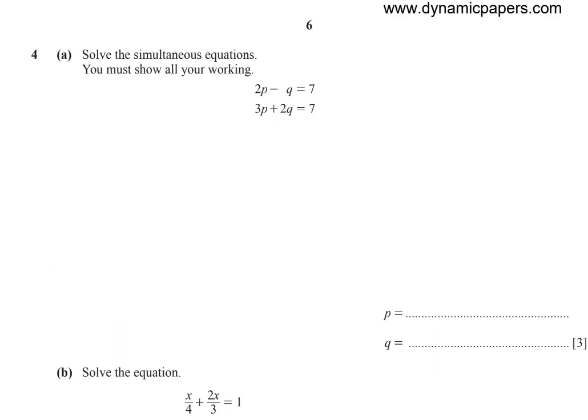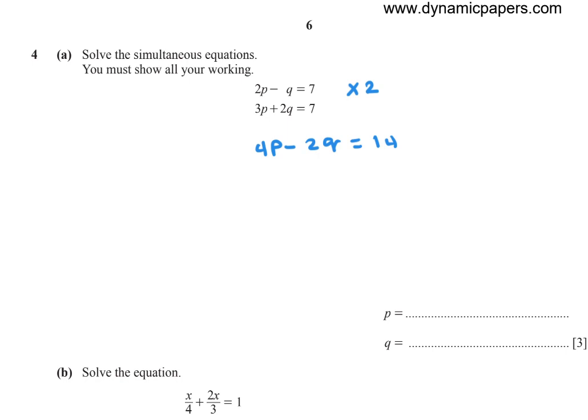Number 4a, solve the simultaneous equations: 2b minus q equals 7, 3b plus 2q equals 7. You can multiply the first equation by 2 to eliminate q. Now the first equation will be 4b minus 2q equals 14.